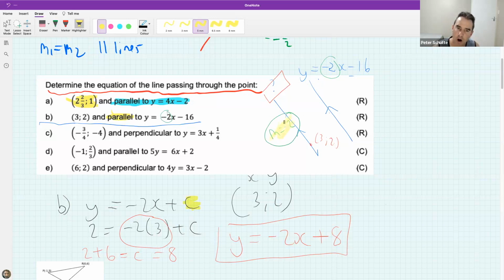So that's how I hop from this to this, and that's why this is a minus 2. Now, the other piece of information that I have is the fact that it goes through the point 3, 2. So that's why I've got 3, 2 here, and that's why there is a 3 for the X and the 2 for the Y. And that's how I go through there.